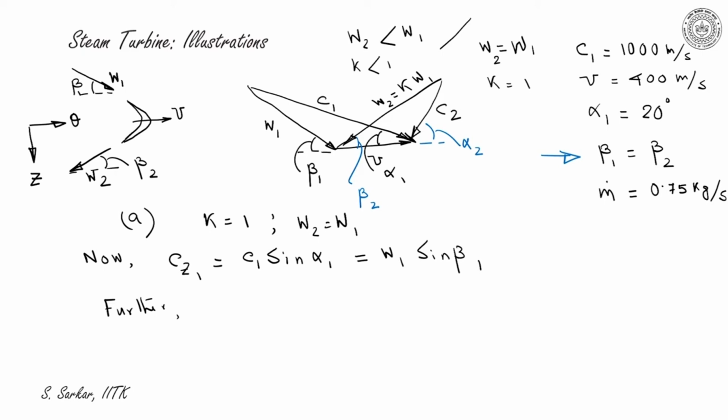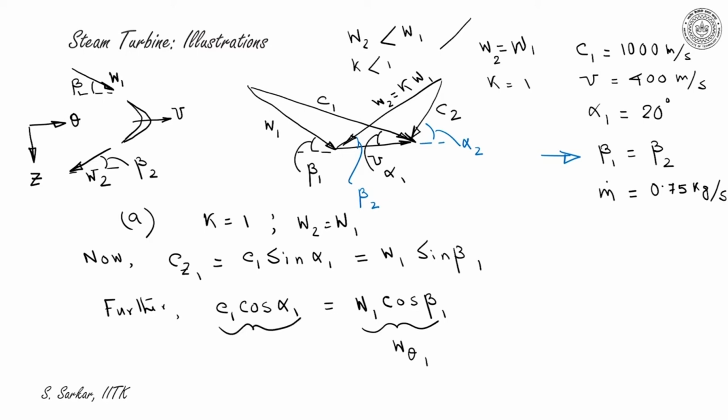C theta 1 is equal to C1 cos alpha 1. So I am correlating now C theta 1 with W theta 1. W1 cos beta 1 is equal to W theta 1.